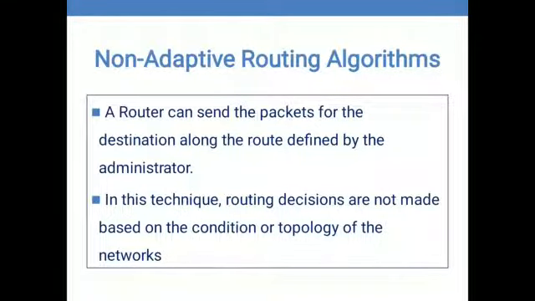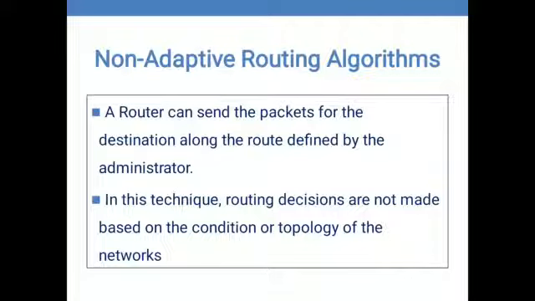If you compare with the adaptive routing algorithm, the adaptiveness is there. That means automatic adjustments are there. If any router comes down, then automatically the adjustment is made. That means based on the conditions or the topology of the network, if any problem occurs, changes will be made in the routing table accordingly.